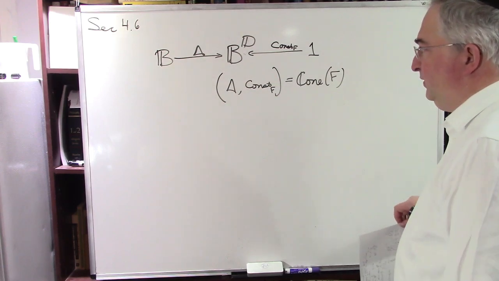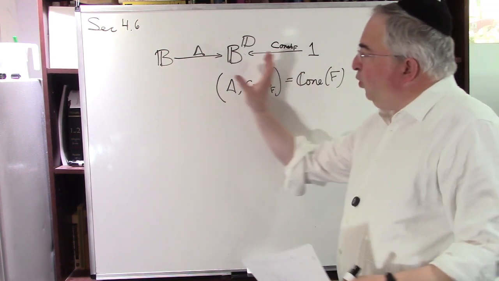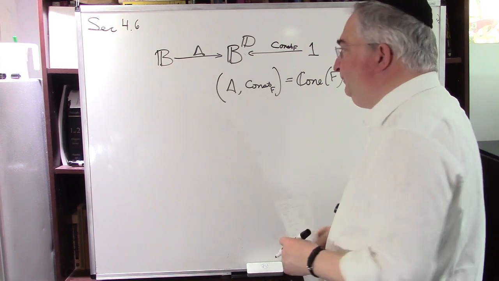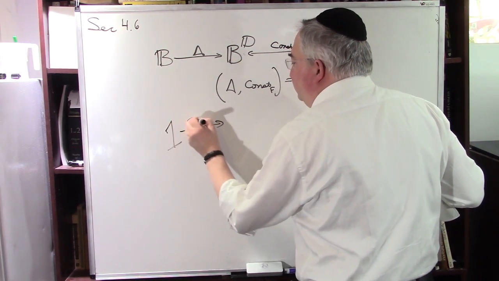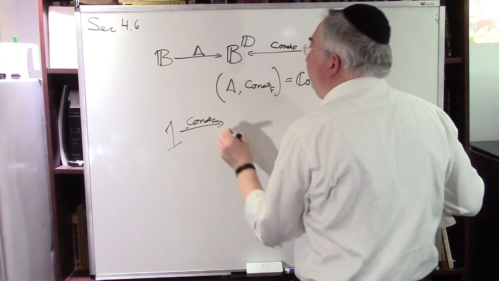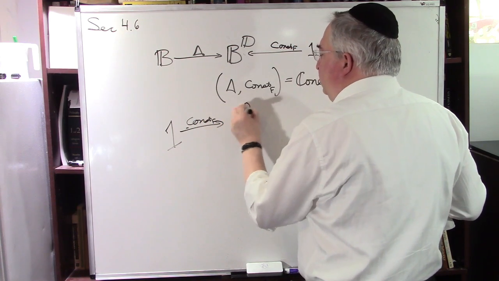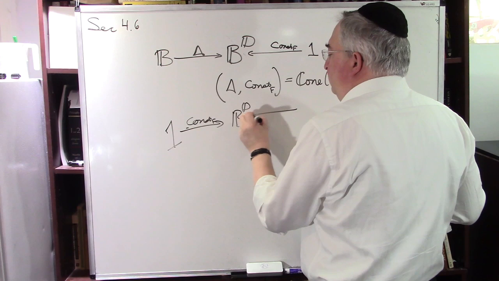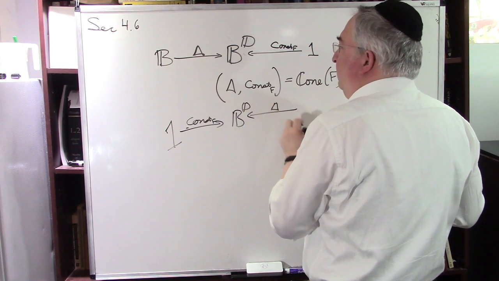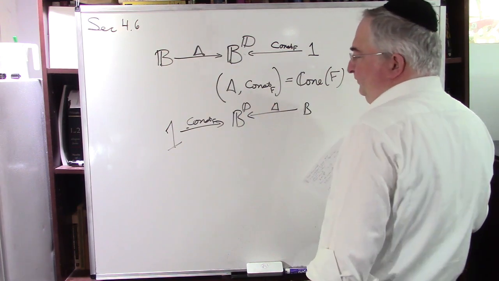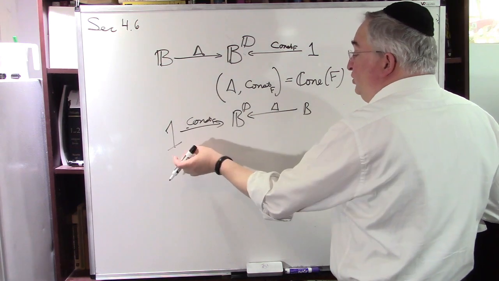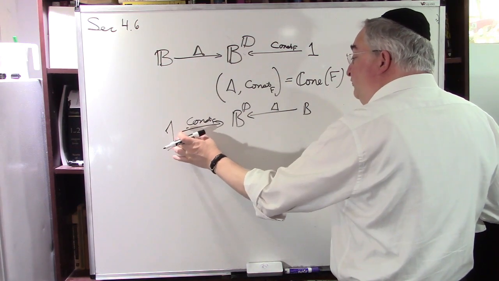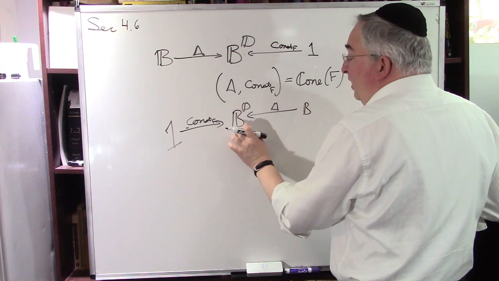Very nice. Okay, if you swap these around, constant on F, B to D, delta B, and you look at the comma category here, let's just see what this is. This is functions from F to any diagram here.